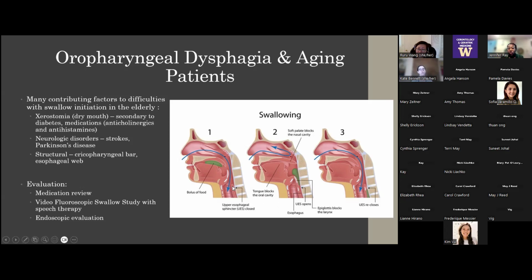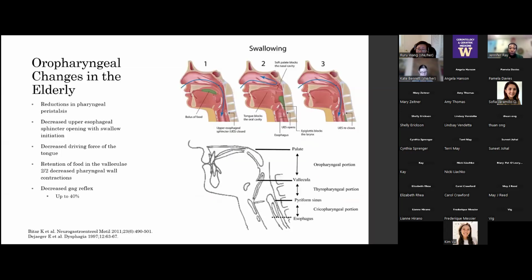Your upper esophageal sphincter, which is normally closed, will open to allow the food bolus to go through. Your epiglottis at the same time will block the larynx to prevent that food or liquid from going into your airway. And then when you're done, the upper esophageal sphincter closes again and is ready for the next swallow.